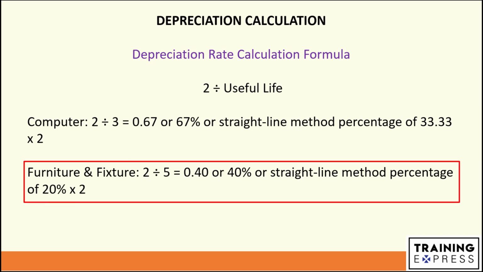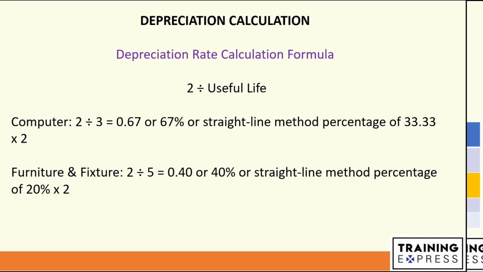Similarly, for furniture and fixtures, you will see it is 2 divided by 5 because we assumed a 5 year useful life of the asset. So it is equal to 40%. Or if you look at the straight line method percentage and you multiply by 2, it is again equal to 40%.